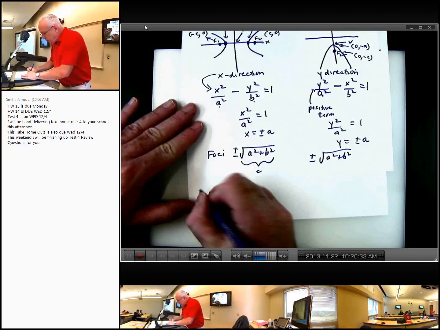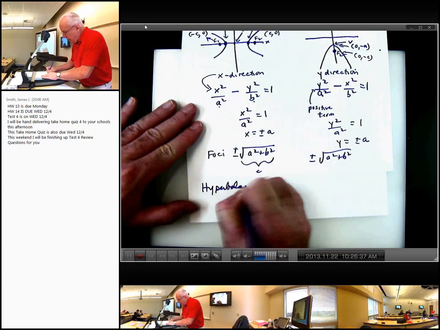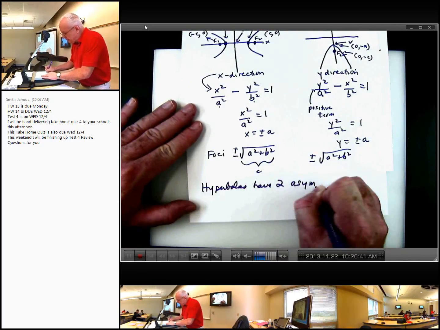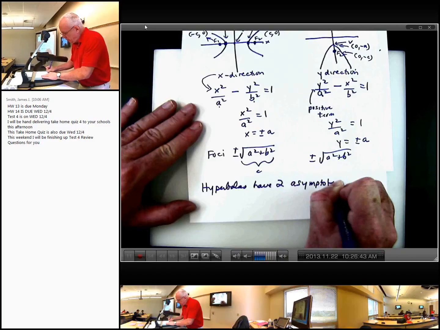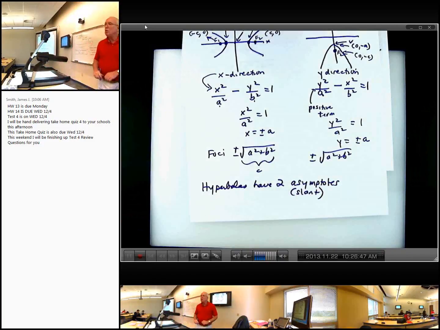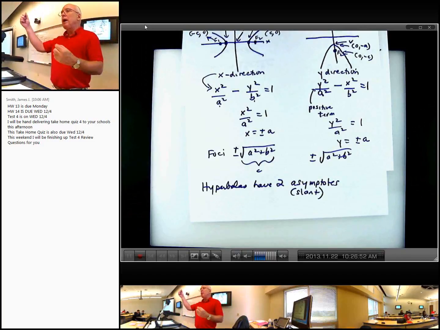So hyperbolas have two asymptotes. They're slant asymptotes. Those are slanted straight lines that the hyperbola graph tries to get as close to as it can, but it never crosses or touches.